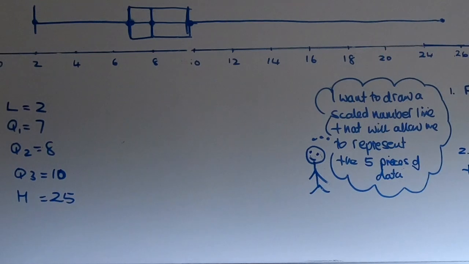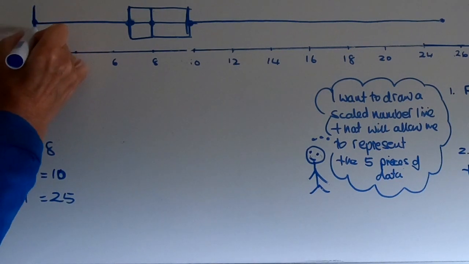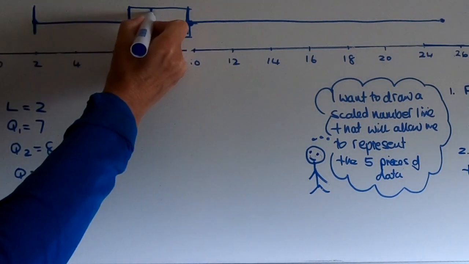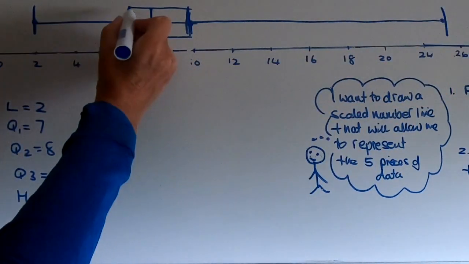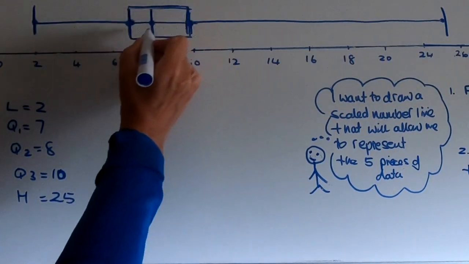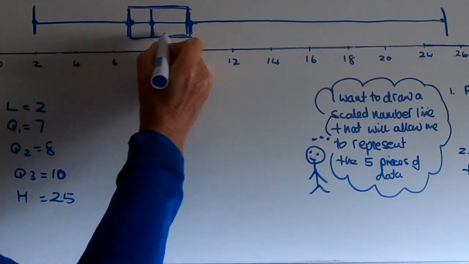So that's a box plot there. That's what you do. Find your 5-figure summary. Draw an outline, a scaled number line, 1, 2, 3, 4, and 5. And then this bit in the middle here, Q1, Q2, and Q3.